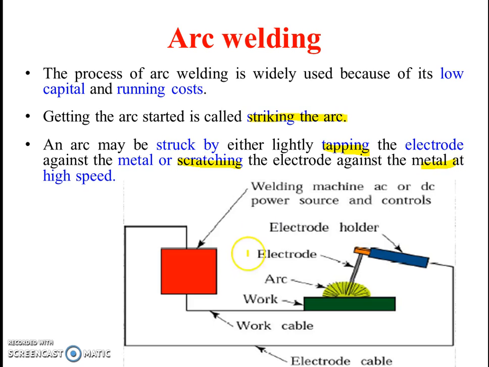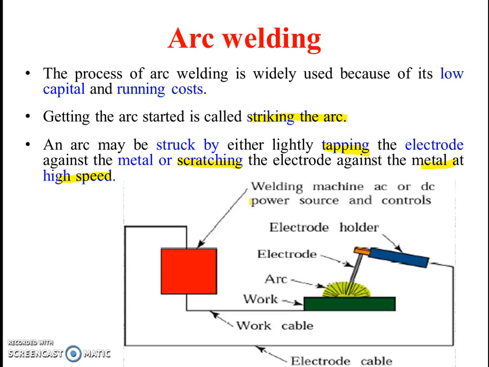Whenever you need an electric arc between the electrode and workpiece, first strike or scratch the electrode against the workpiece at high speed. That will generate an electric arc, and you have to maintain the gap for proper arc generation.